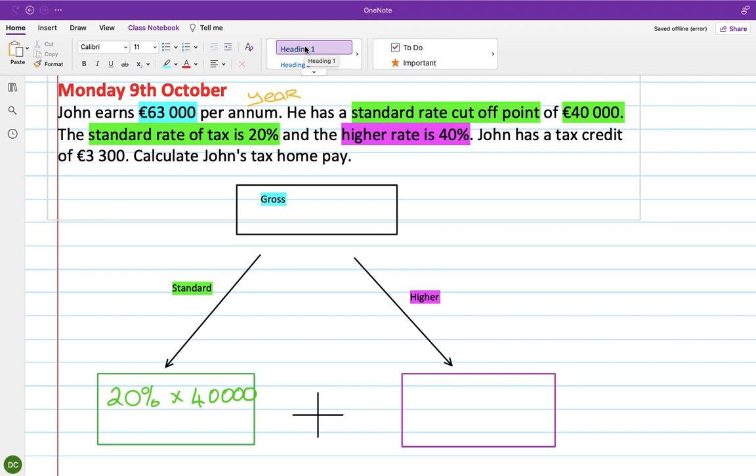Does that make sense? Now, obviously, when you do a question for real, it's not going to be highlighted. So it is the word standard that pairs them up. We have the word standard here with the 40,000 and the word standard here with the 20%. And we put them together.